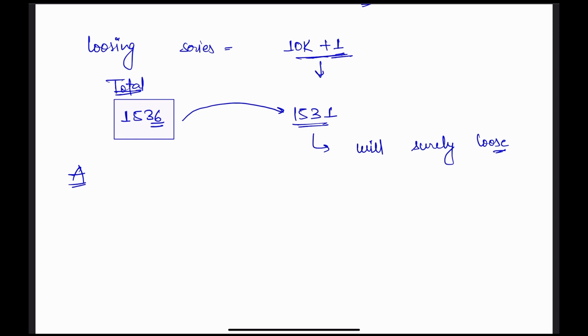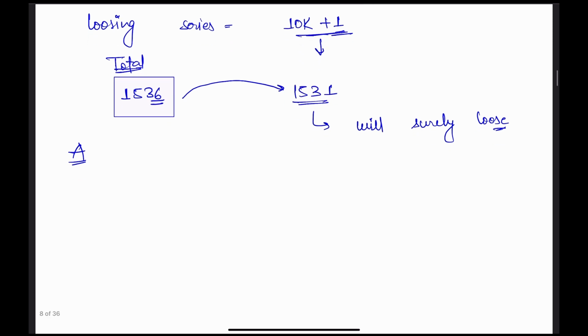So how many is he going to choose? He is going to choose 5 coins. A will choose 5 coins. That's the answer of this question.